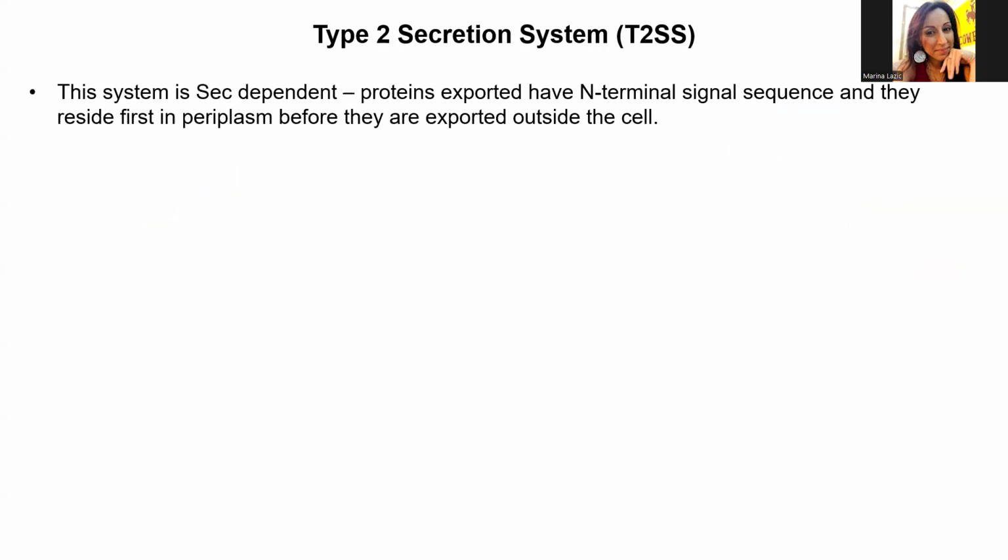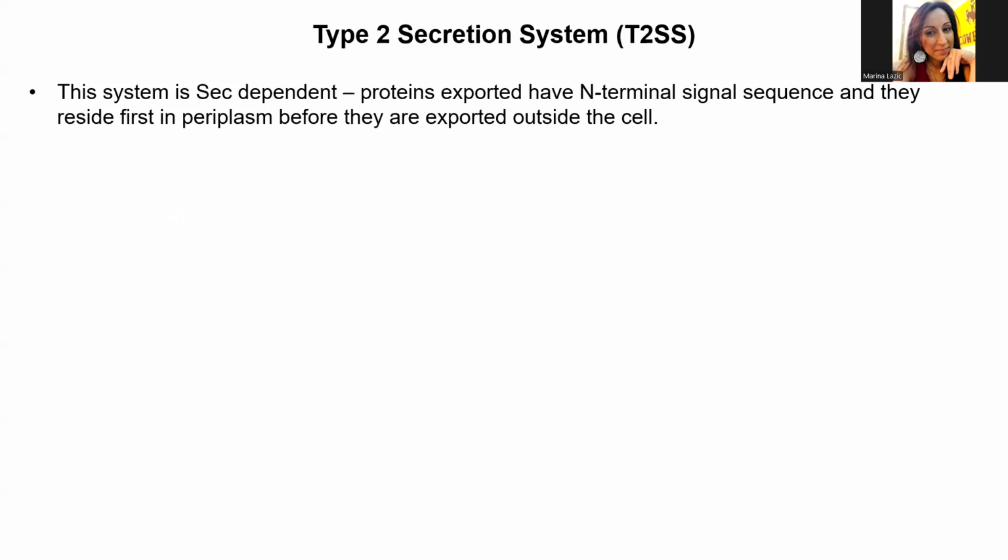So it is Sec dependent, which means that proteins that are exported through this system have an N-terminus that will first be exported. Very often components of these systems are exported through the Sec, Tat, or another translocation system.